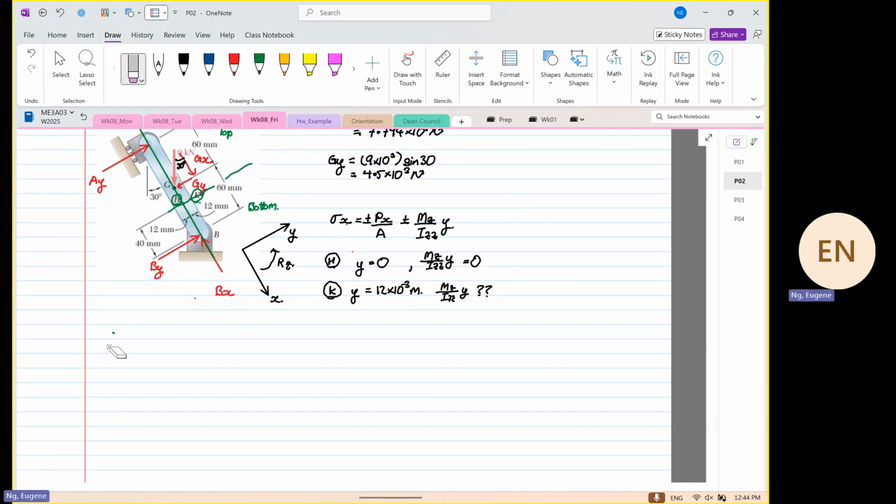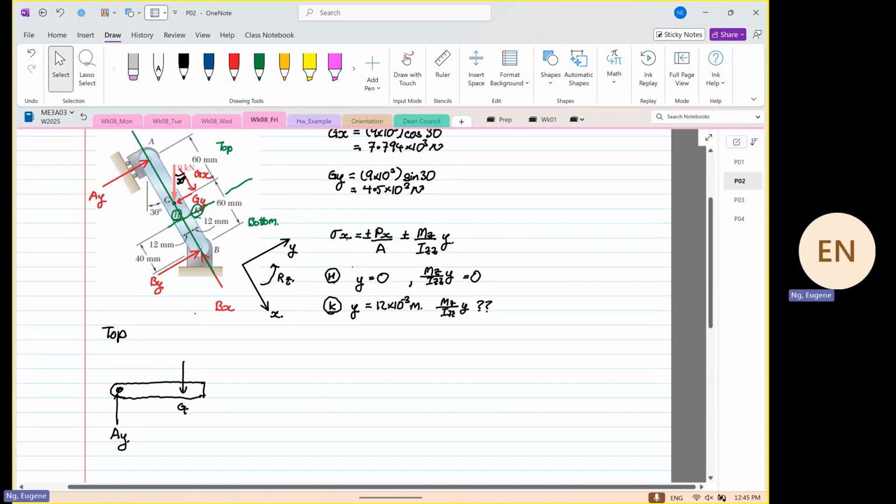So consider the top. When considering the top, I'm going to orientate our structure in this way. Then we have a load at point G coming down, and this is our GY.